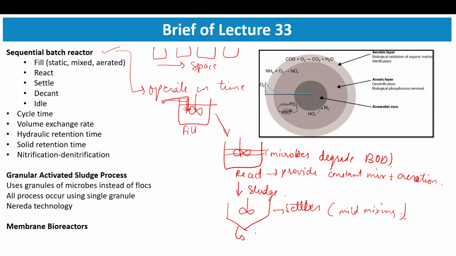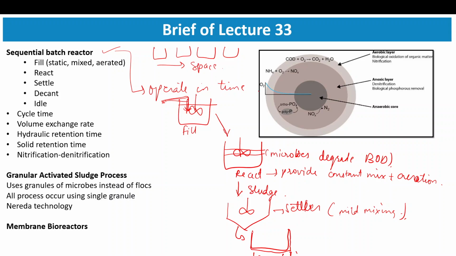Now once this settles down, you can decant this. You can separate the sludge, and whatever is remaining, the mother liquor, can still have a certain amount of solids. So for that you do decantation.